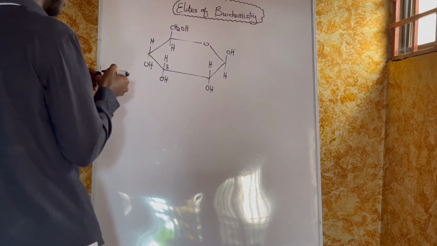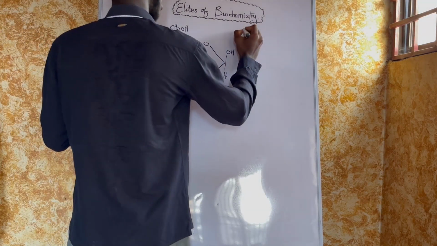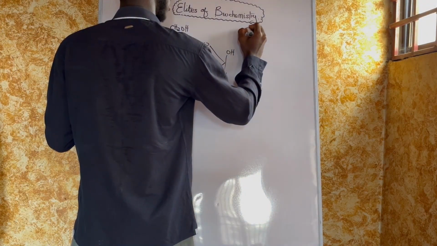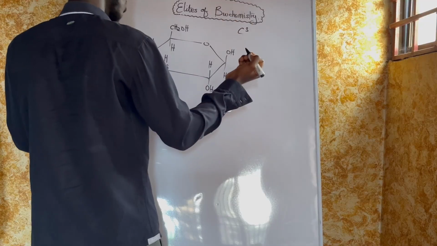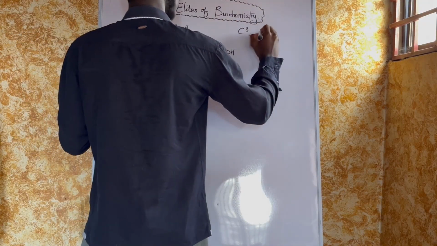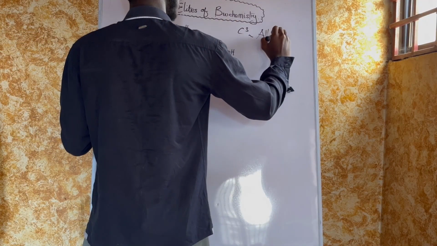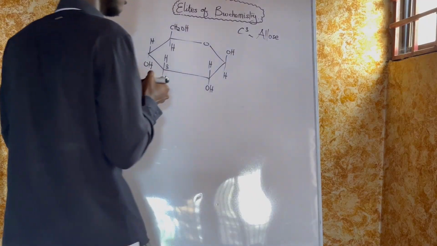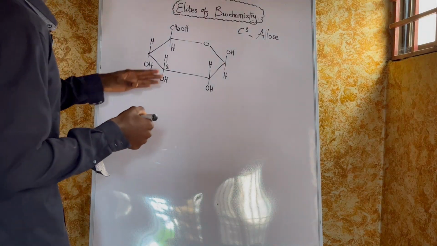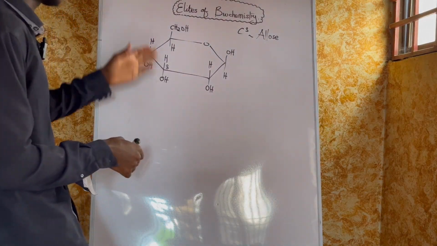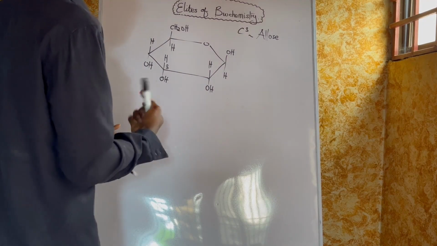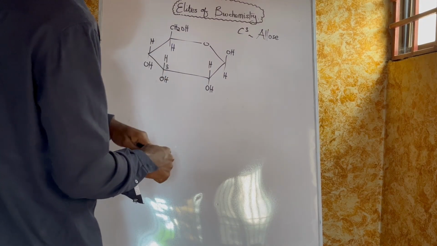So it's only one point that we've changed. So carbon 3 of glucose gives allose. I'm introducing a new term here, which is also a sugar, an epimer of glucose, only changing at the configuration of carbon 3. So now, let's say this one is our allose.